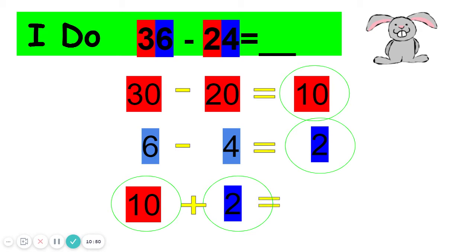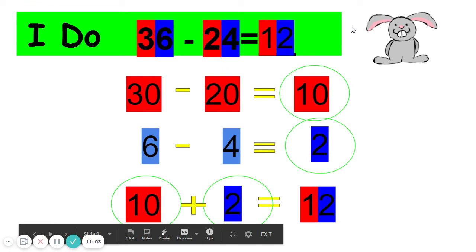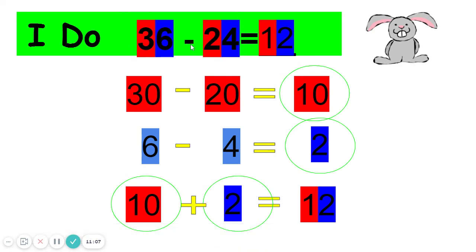So 10 and 2 more, 11, 12. There it is. So I'm going to place my answer up in the difference position of my original problem. Now I have 36 minus 24 will leave me 12.